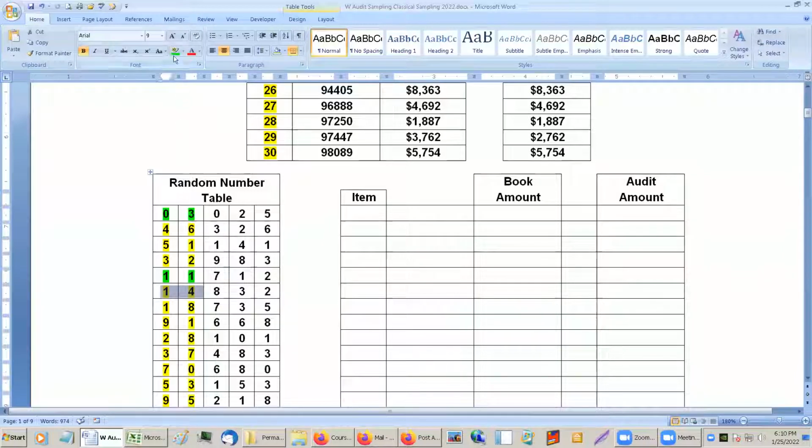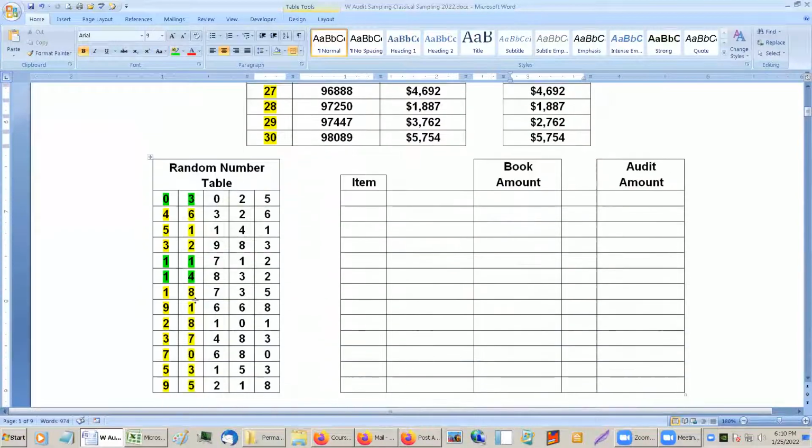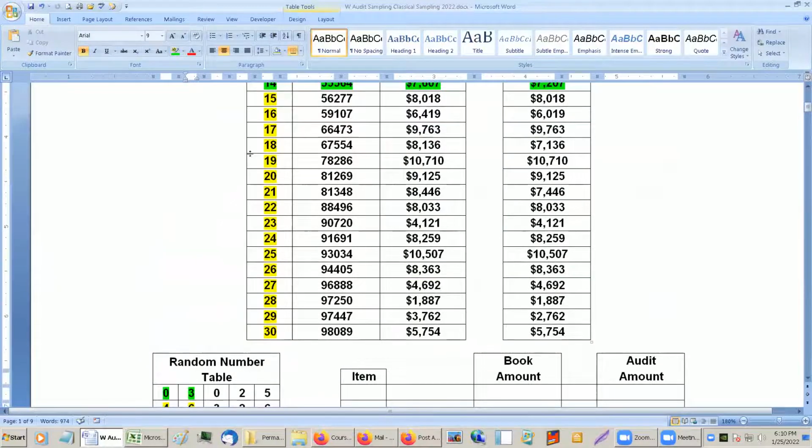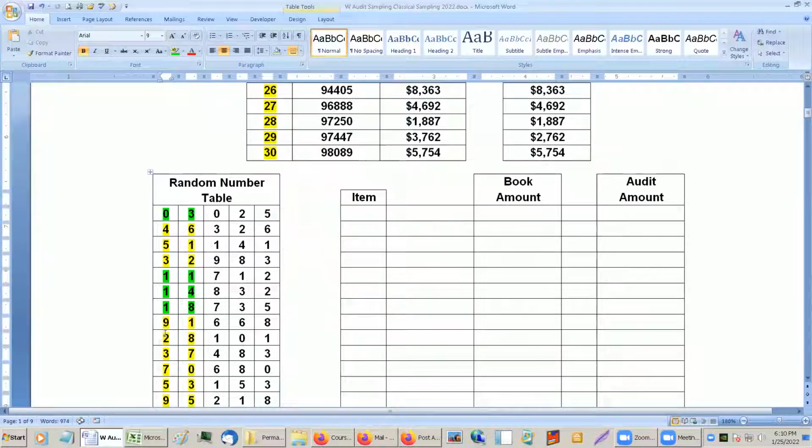There is a 14. There is an 18. There's not a 91.